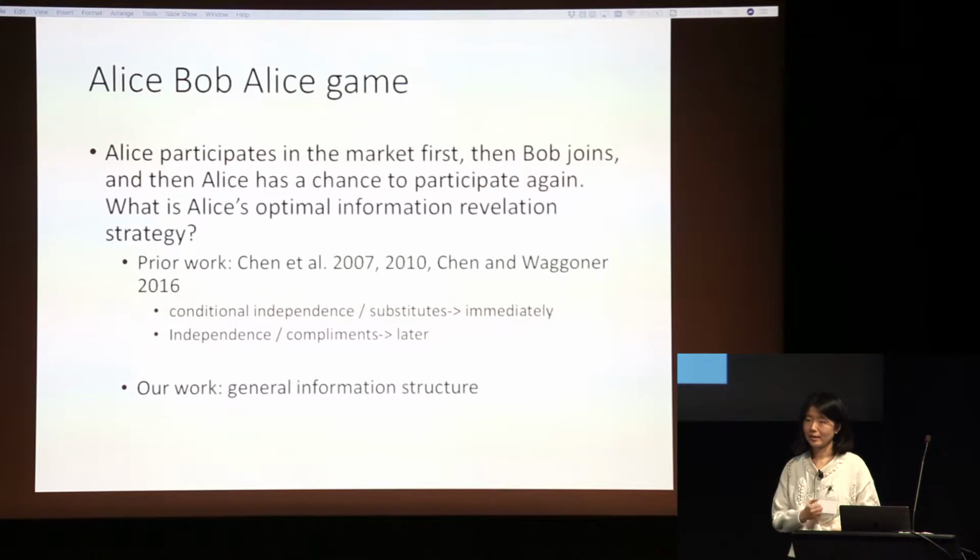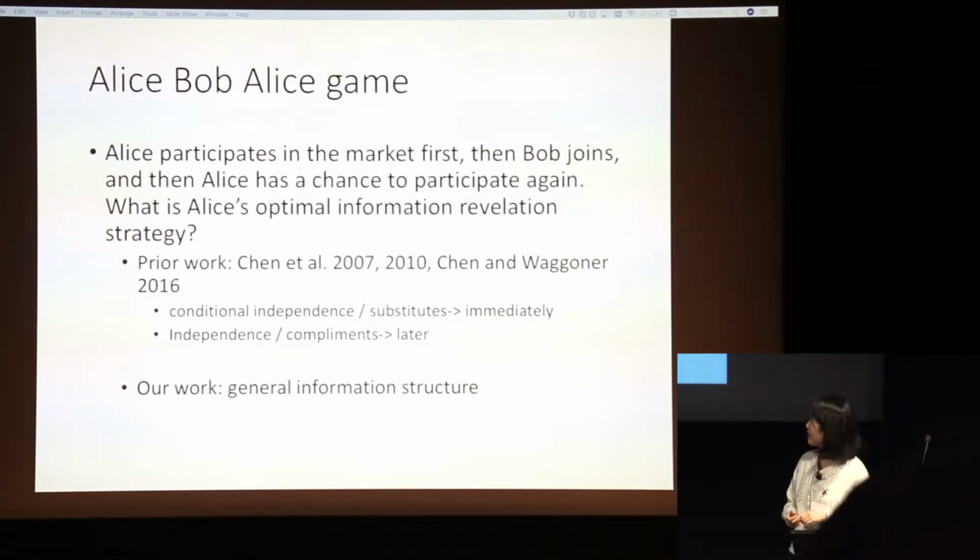It's a simple game, the simplest game in which we can analyze the strategy. Alice participates in the market first by maybe revealing some of her information. Then Bob only has one chance to participate in the market. And then Alice participates again. So we want to analyze what Alice's optimal information revelation strategy is.